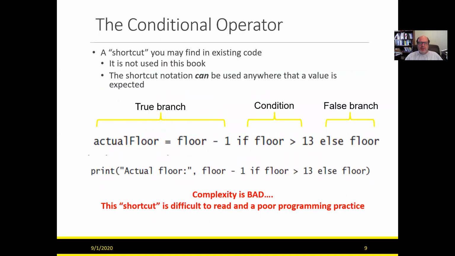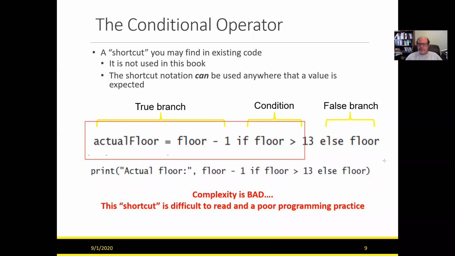Now we have a shorthand way of doing the if-else statement, just like you had in C++. We have this if-else in one sentence. We put the true value, then we put the if, we put the condition here, and then the else.